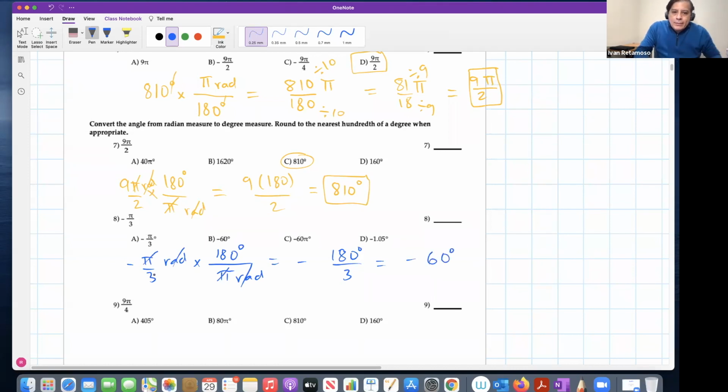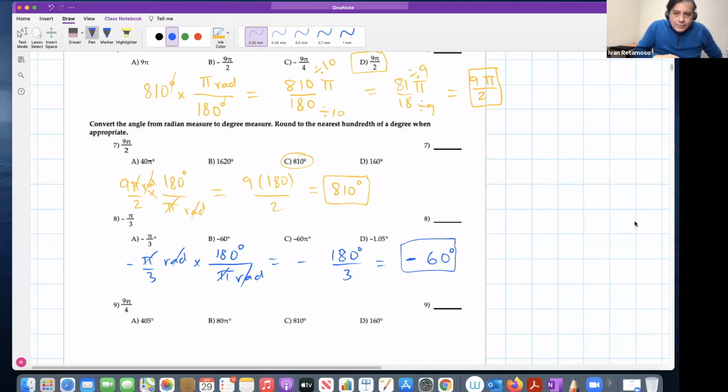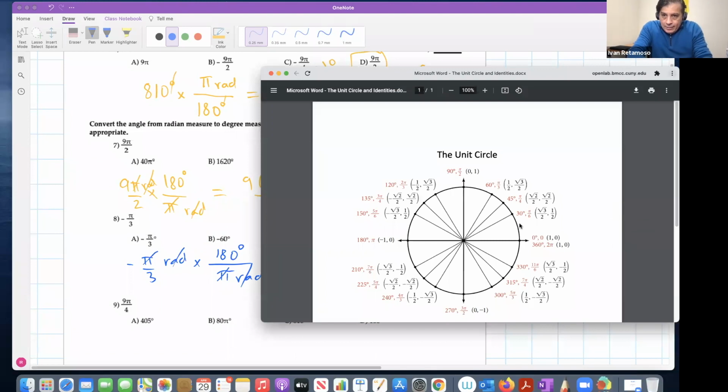Or you can look at the unit circle and check what goes with pi over 3, but don't forget about the sign. Good that you wrote this out. Look, pi over 3 goes with 60, but remember it's minus pi over 3, so it's got to be minus 60 degrees. You can use the unit circle in some cases.